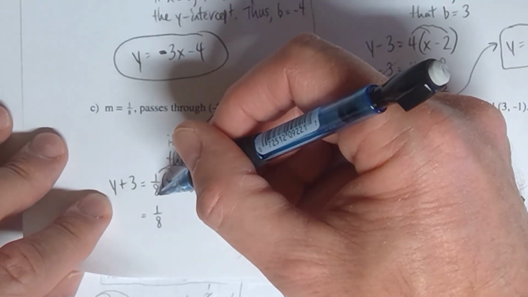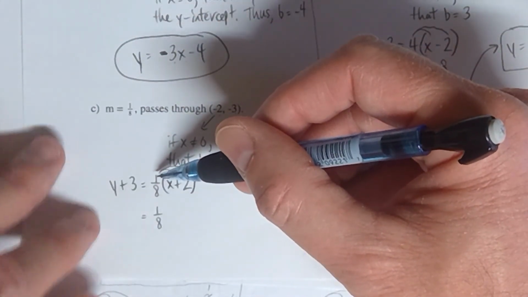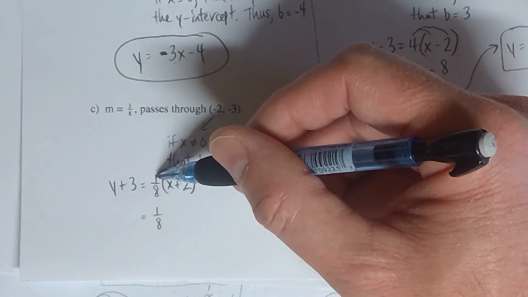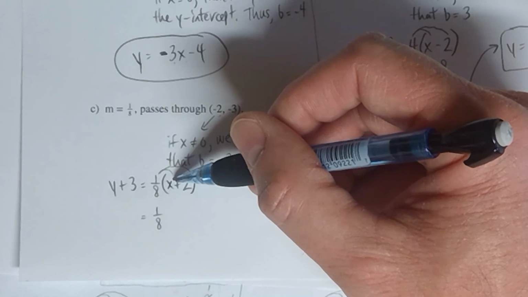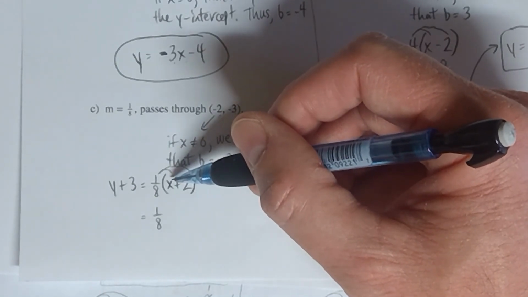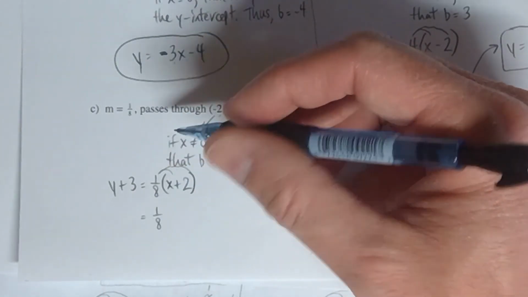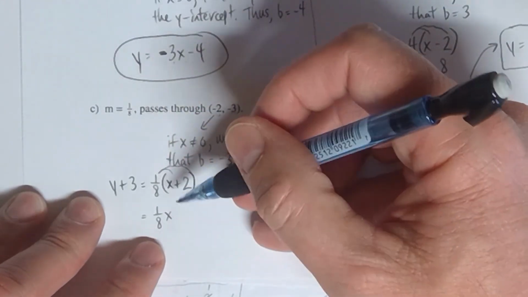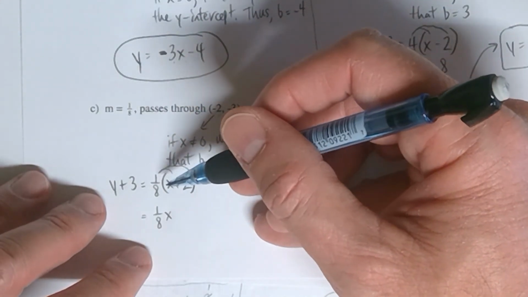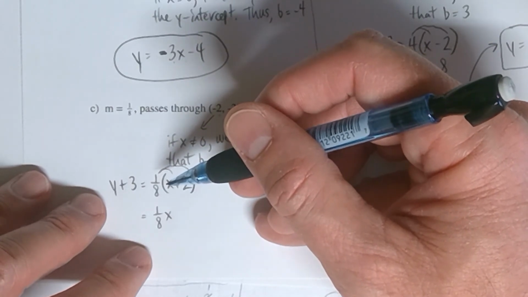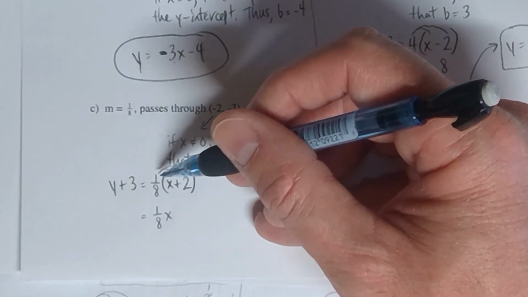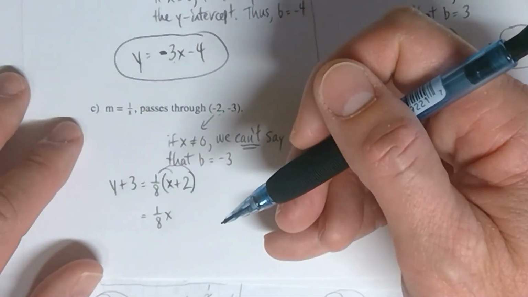Whenever you multiply any constant, even if it's a fraction, times just x, not 3x or 4x, but just x, the two things just come together. There's nothing to combine there. Just like 3 times x would be 3x, 5 times x would be 5x, in the same way, 1/8 times x is just 1/8 x.